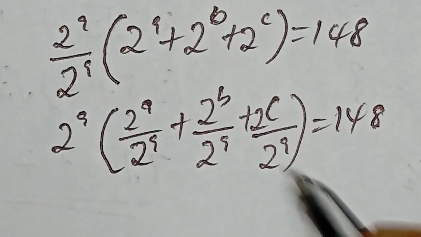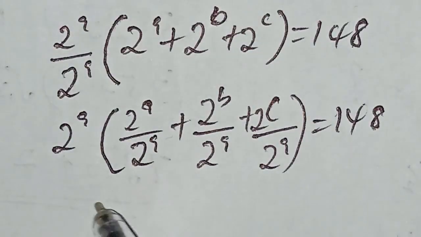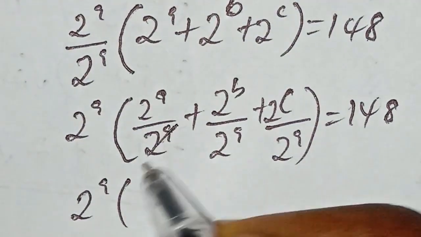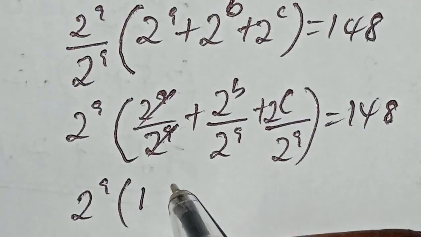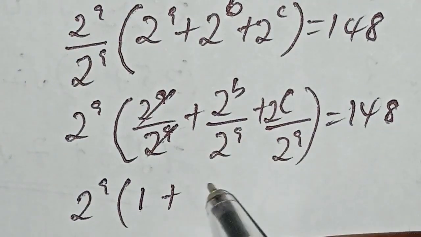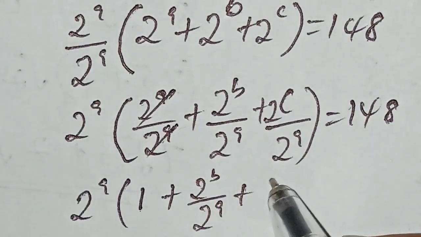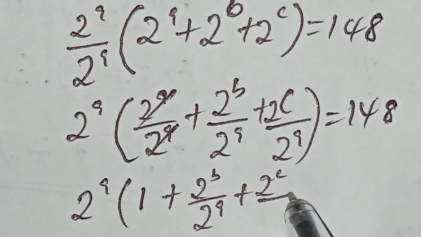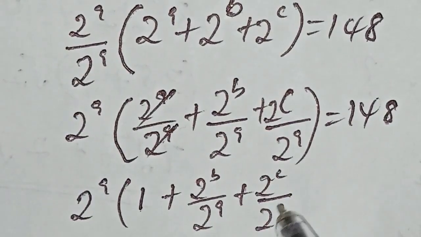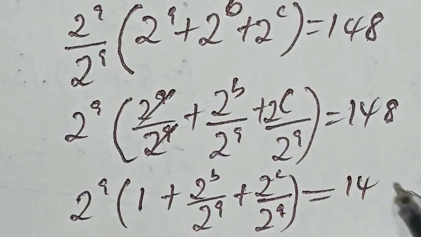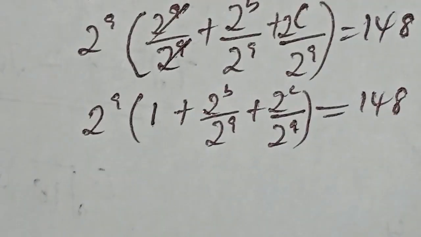Now we rewrite this as 2 to the power of a into brackets; this cancels out with this, we have 1 over here, plus 2 to the power of b over 2 to the power of a plus 2 to the power of c over 2 to the power of a, all in brackets, equal to 148.